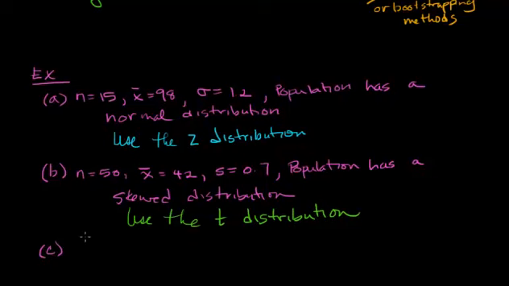Okay, part C. N is 12. The sample mean is 100. Sample standard deviation is 15, and the population has a normal distribution.